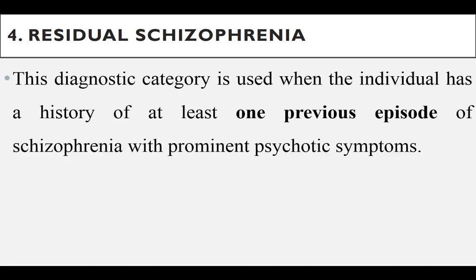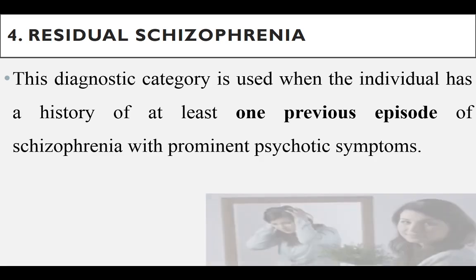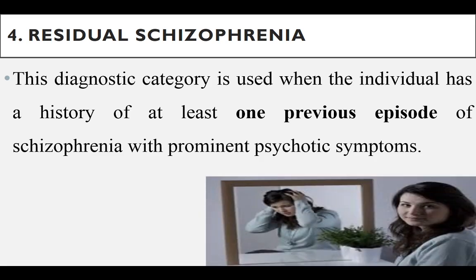Now, residual schizophrenia. This diagnostic category is used when the individual has a history of at least one previous episode of schizophrenia with prominent psychotic symptoms. When you collect the history, he may or may not have recurrent episodes, but the client will give you the history that at least one episode is there with very marked psychotic symptoms.